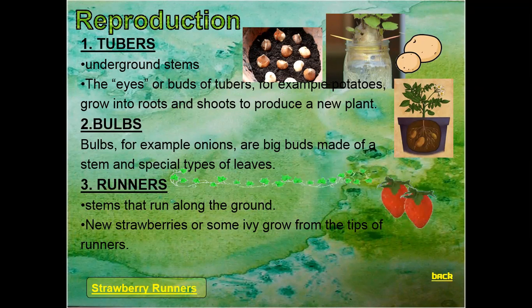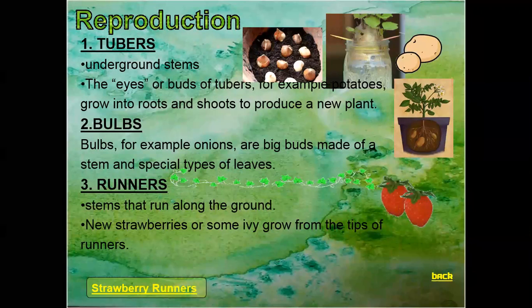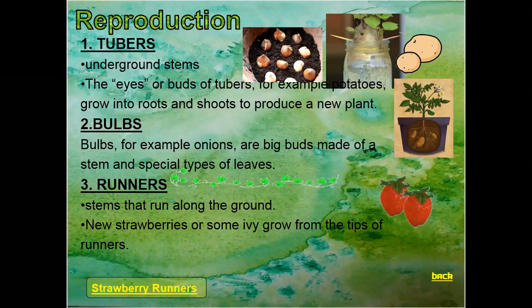Now a whole new plant can grow from the cutting. Bulbs and tubers. You asked me a minute ago about tubers. A tuber is a strong part of a plant.